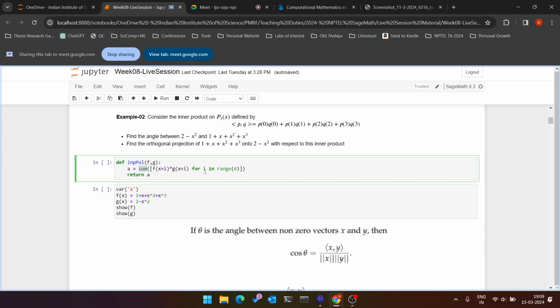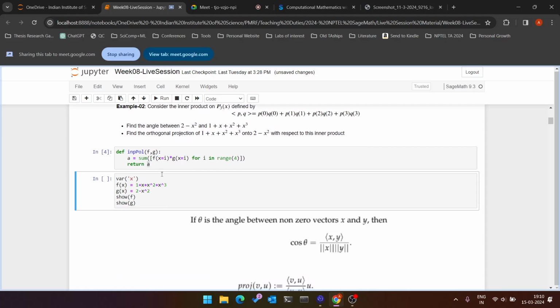So I will evaluate at 0, 1, 2 and 3, and f and g will be evaluated at all these 4 points and multiplied, and that should give us an array with 4 terms P0 Q0, P1 Q1, P2 Q2 and P3 Q3. The sum of that array is stored in the variable a, and then I'm returning that variable as my answer for the inner product between polynomials f and g.